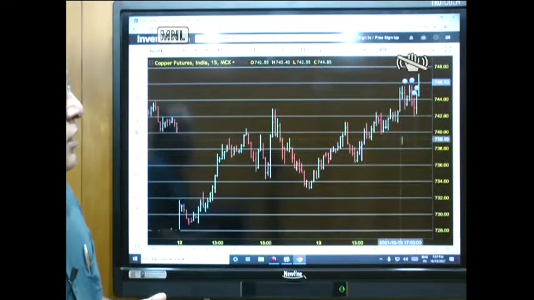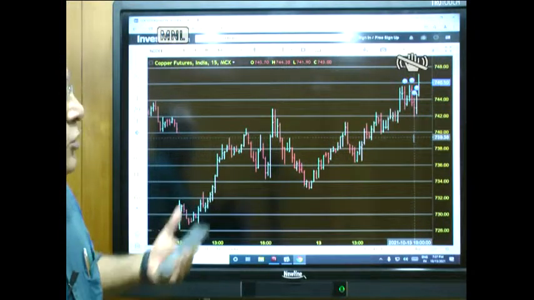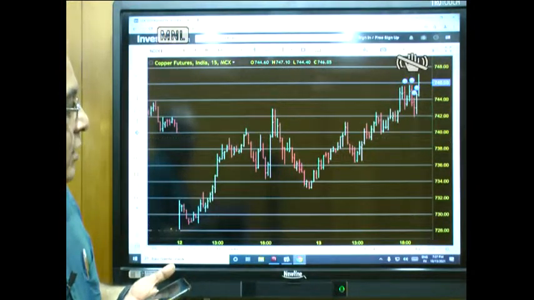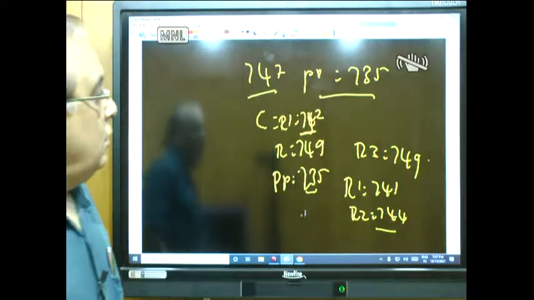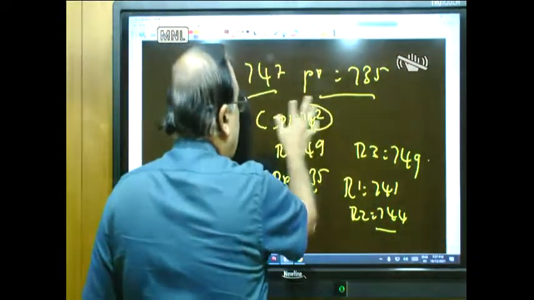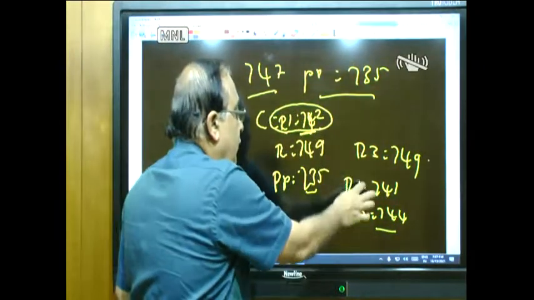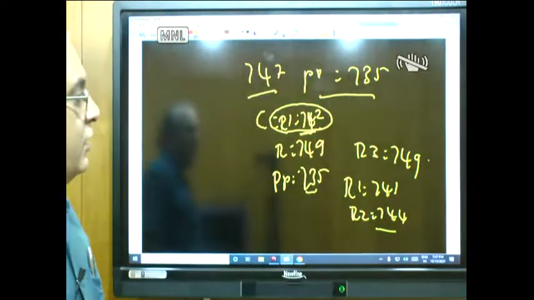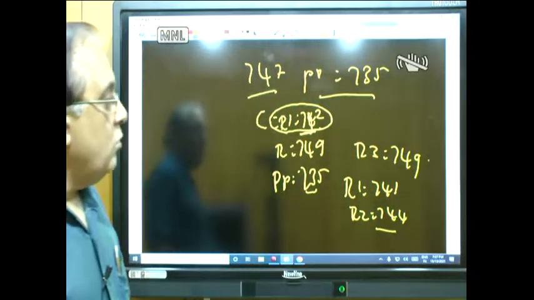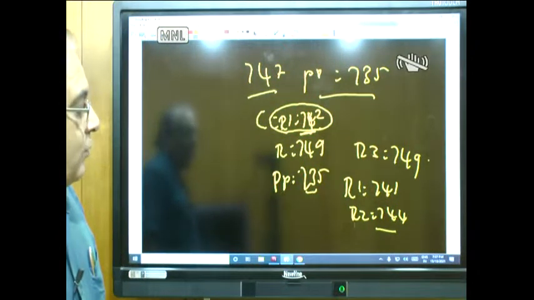So let's look at the, it came down right now up to 742, right? So that is where we said 742 is R1, right? So the moment it penetrated, because here also 742 is also 741. So the moment it penetrated at 741, 742, we could have kept 735 as a stop loss.